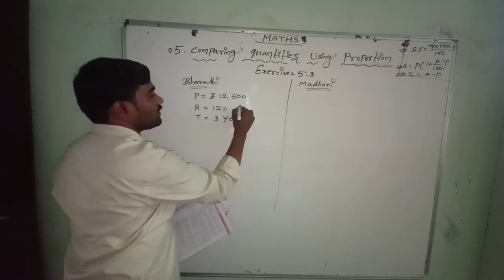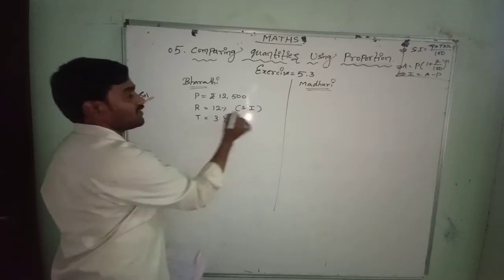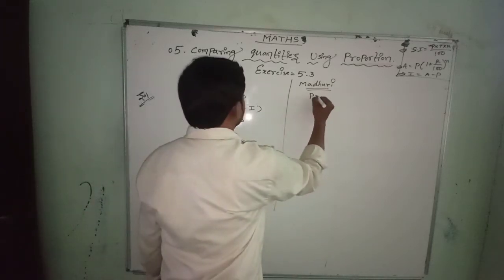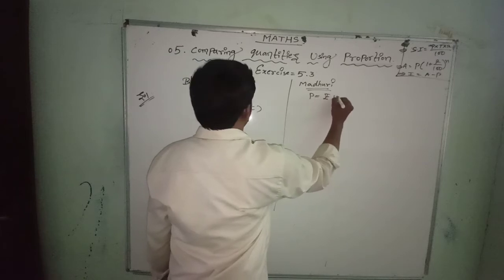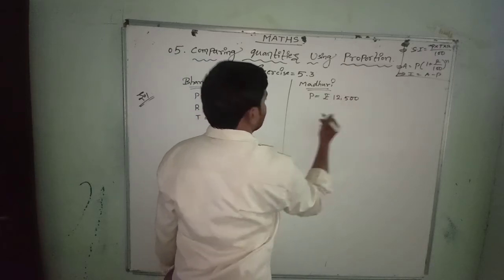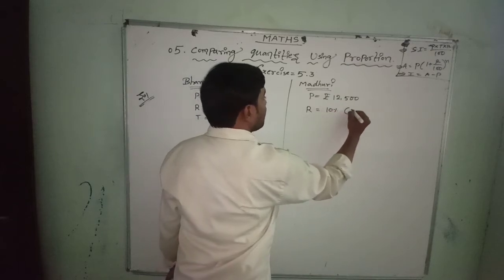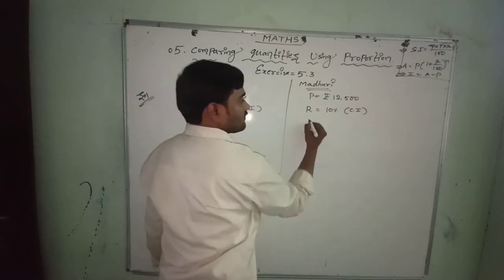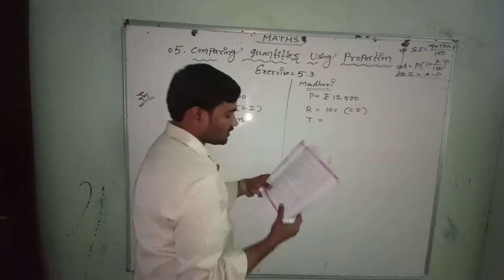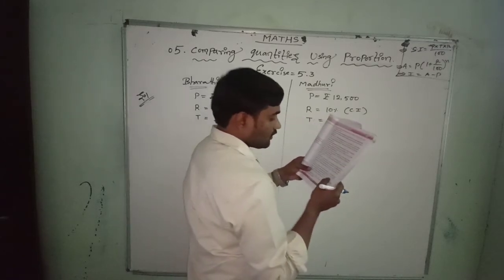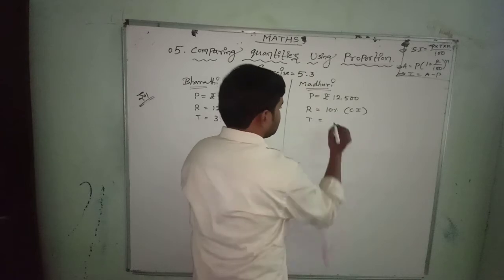Bharati has taken it for simple interest. Then Madhuri also took the same amount of rupees 12,500, but the rate of interest is 10% for compound interest. Then time equal to how much? For the same time period, 3 years.